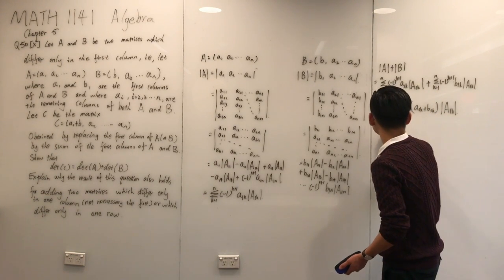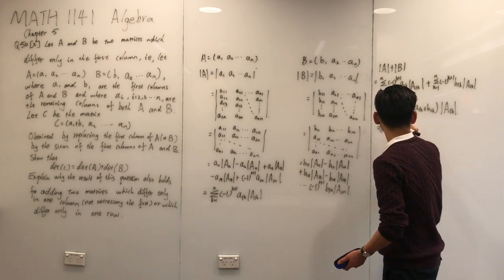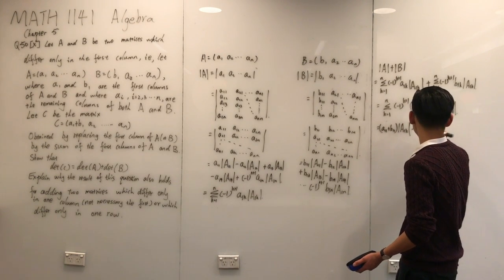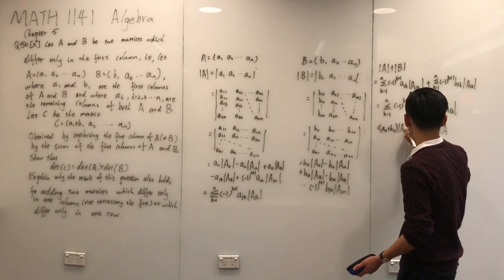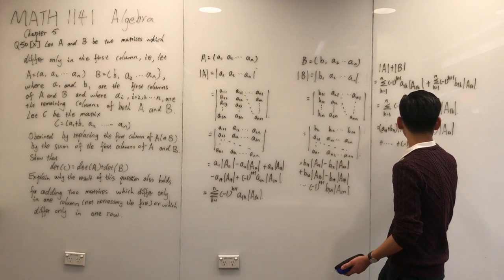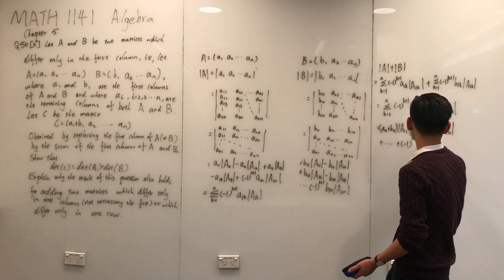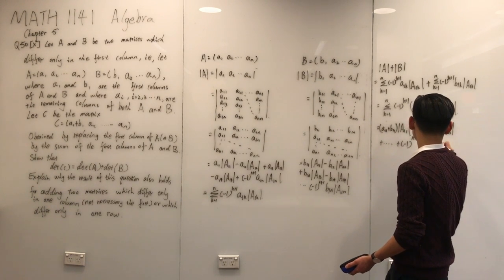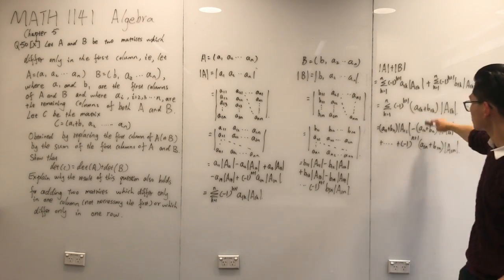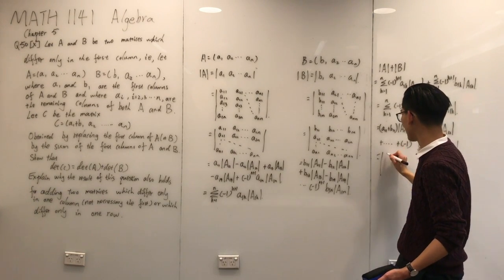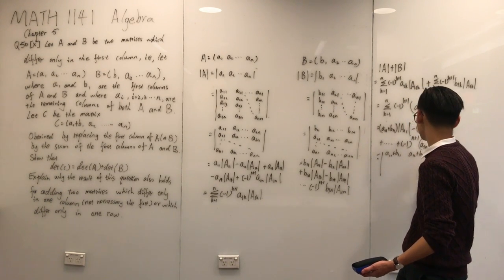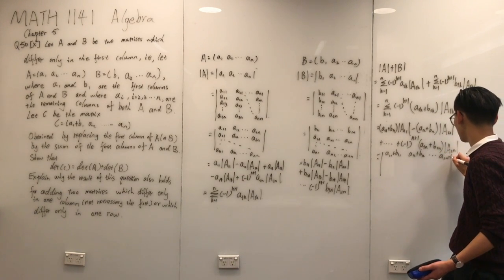Going to be A11 plus B11, A12 plus B12, and keep going to A1n plus B1n.